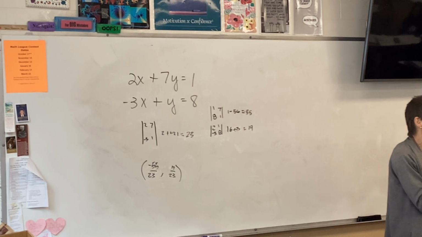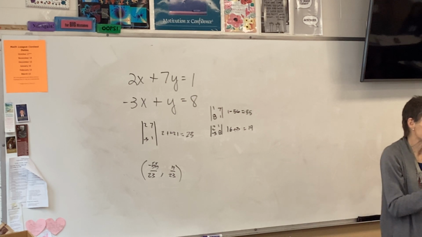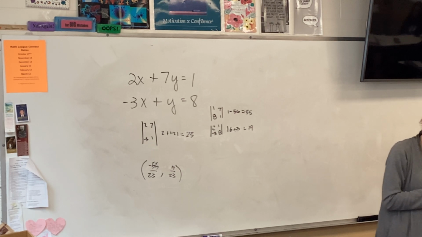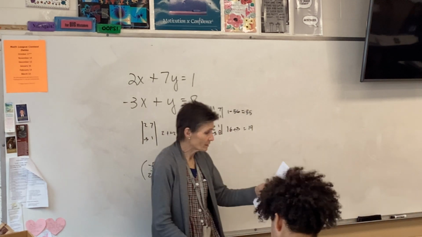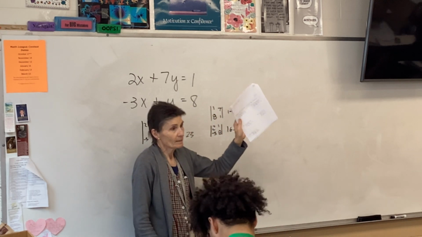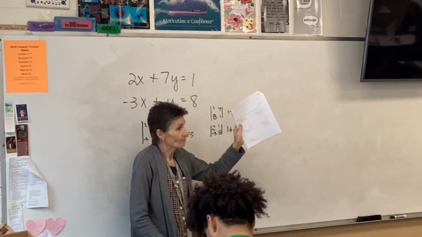So then you have to go back and use another method to figure out if it's the same equation or parallel lines, because Cramer's rule won't tell you that. All right, good. Now we're going back to our notes. So now we're going to 7.3, where it says use a calculator to solve.